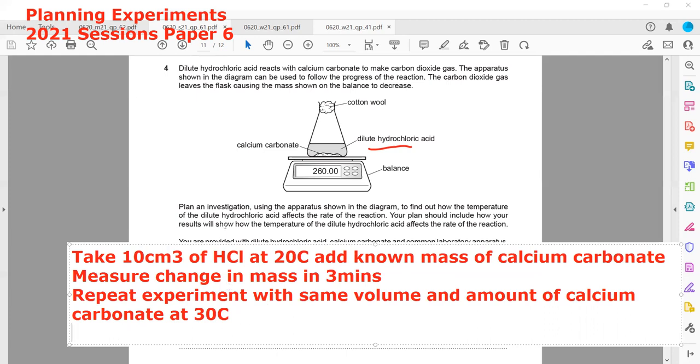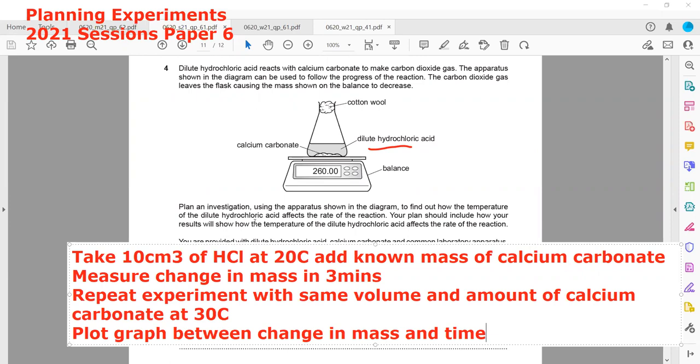And then how will we know how the rate is affected by temperature? We will plot a graph of the change in mass against time, and that shows which reaction is faster.